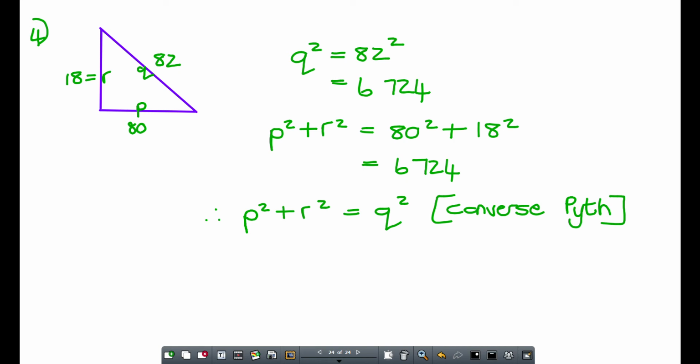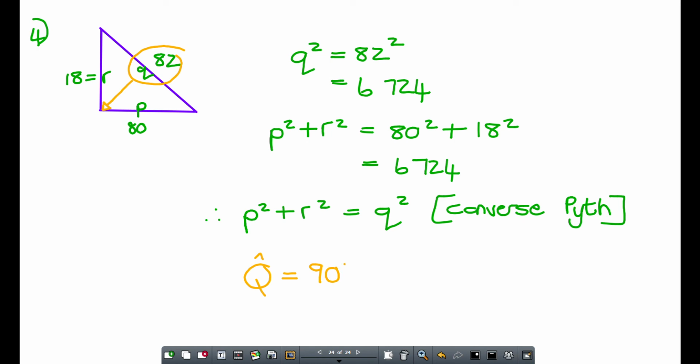And then, where would my 90 degrees angle be? Remember, that's the longest side, so it will be in the angle opposite that. And we call that one what? Now, what would the name be of that angle? If this is small q, then that must be capital Q. So angle Q would be 90 degrees.